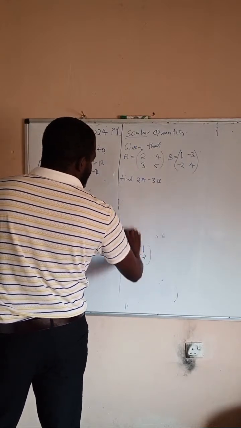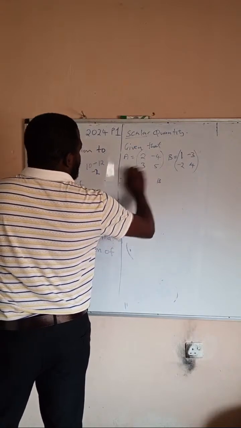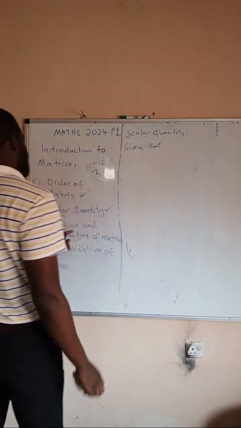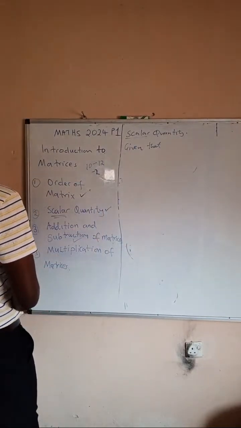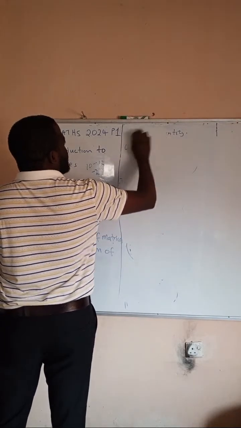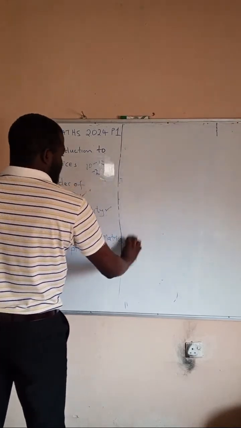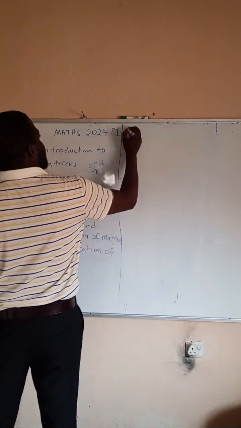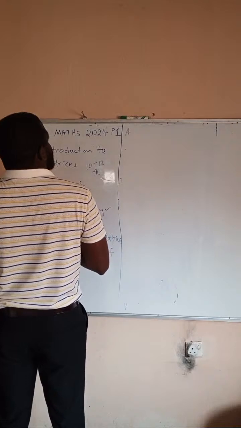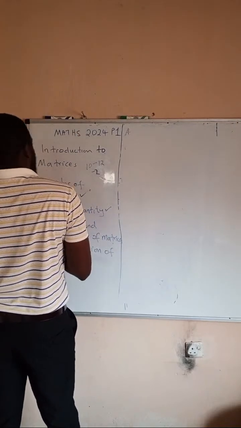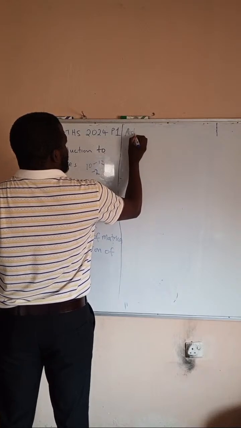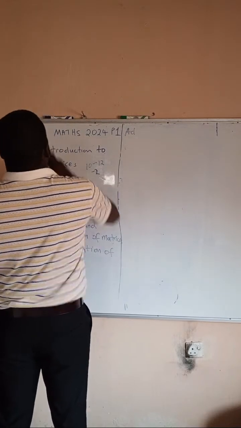Let's now deal with the addition and subtraction of matrices. This is the third part that we're looking at. Addition and subtraction of matrices. The marker is done.